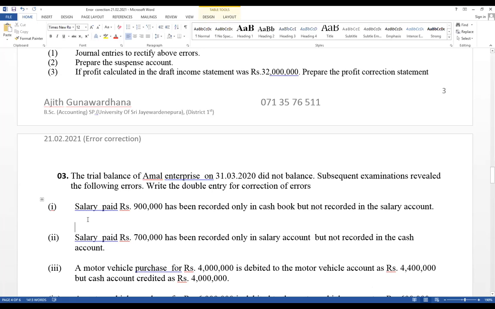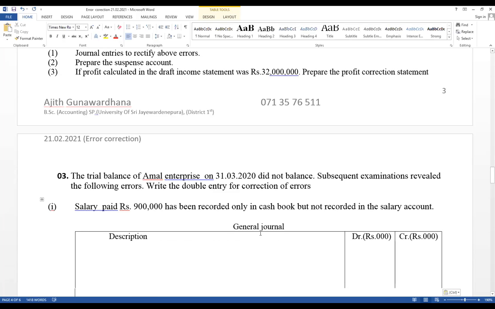First one: salary paid 9,000 has been recorded only in the cash book, but not recorded in the salary account. The error occurs in only one ledger account, so it definitely fits a suspense account.